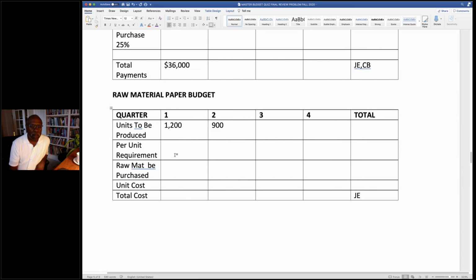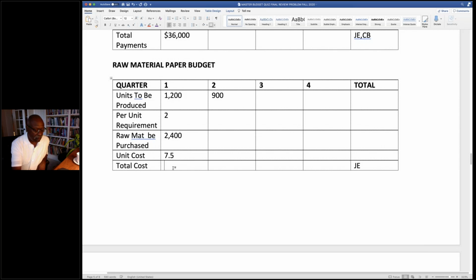Okay, so per unit requirement was what? Oh, my bad, paper. Two. So we need to purchase 2,400 rings. What was our unit cost? $7.50. So the total cost, 18,000.